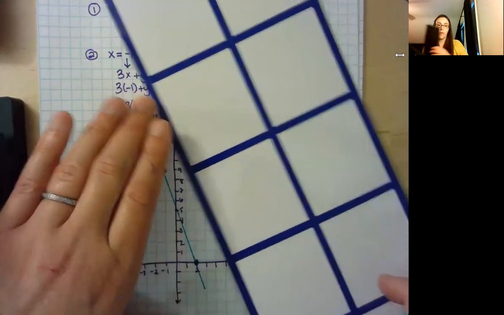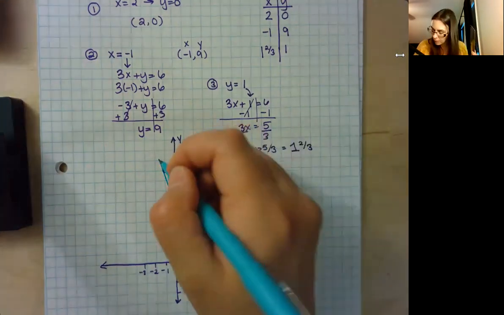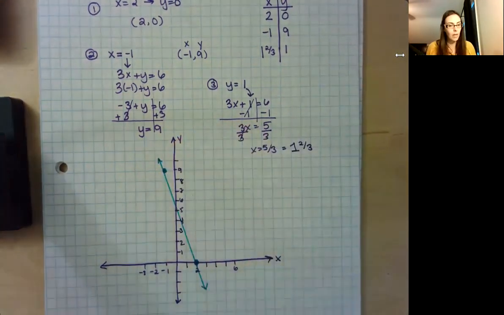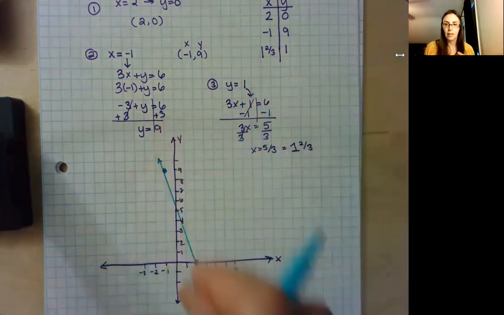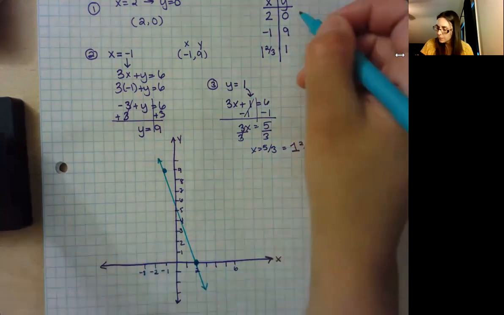Now I know it's not going to be perfect, but hopefully it'll look pretty good. And then the third point I'm going to use to check. Now, if that third point is totally nowhere near my line, then I know I did something wrong, right? Because these should all be on the same straight line.